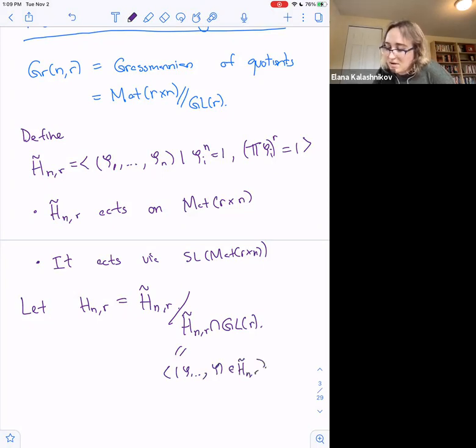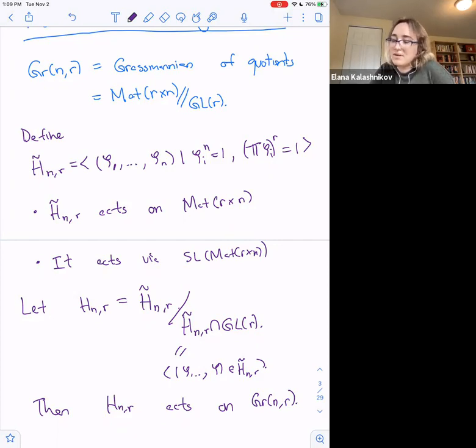And so now H_{n,r} acts on the Grassmannian. So this is just a very straightforward generalization of the group you get in the projective space example.